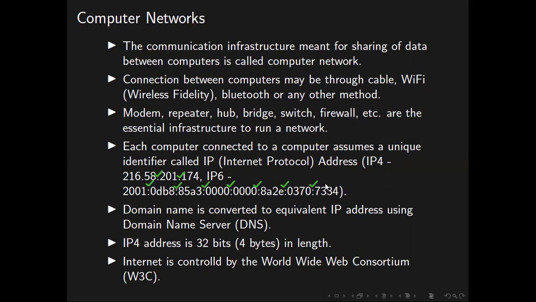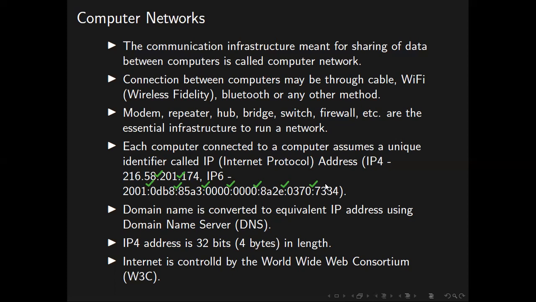There are 8 different parts in an IP version 6 address. It's not possible for the human mind to memorize all 8 parts. Therefore, we use a system called DNS, translation of address to meaningful name.